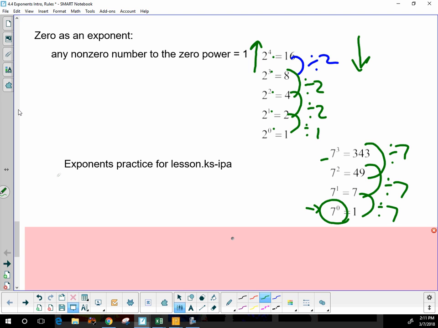Let's take a look at this practice that I have here. I have a little page for us to work on, some more examples that'll help really bring this idea home. This opened on my other screen.